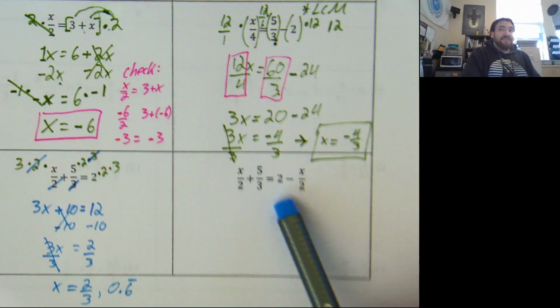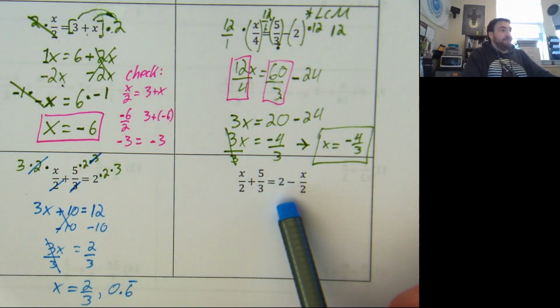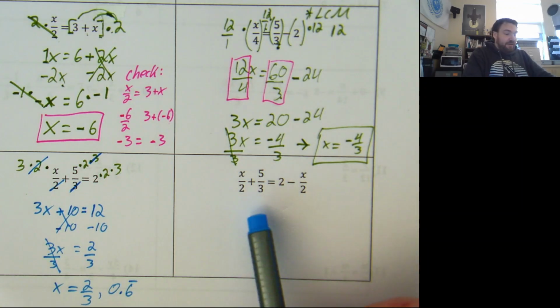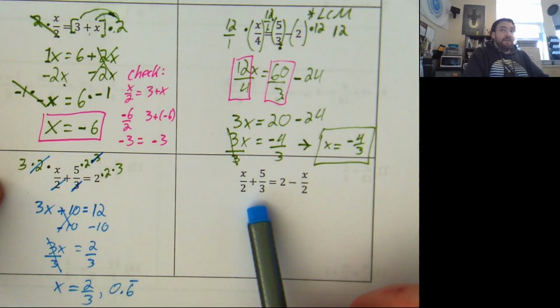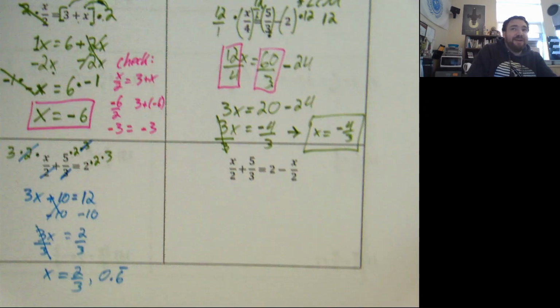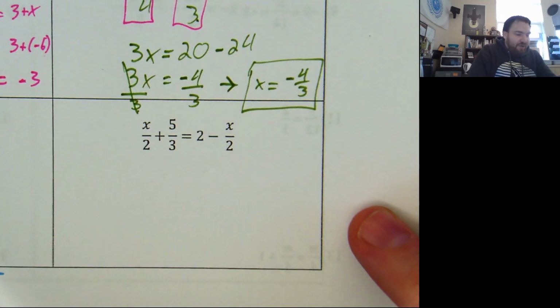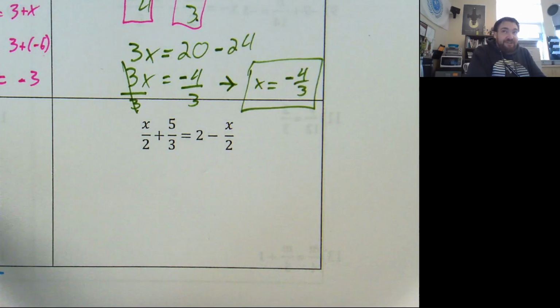Hands up if you want me to do the LCM again for this question down here. A couple of you. Hands up if you want to see this method. Hands up if I should do it both ways. Okay, let's do it. Fine, you know what? Let's do it both ways. What could it hurt, right? Here we go. So I'll do the LCM way first, and then I'll do it this way.